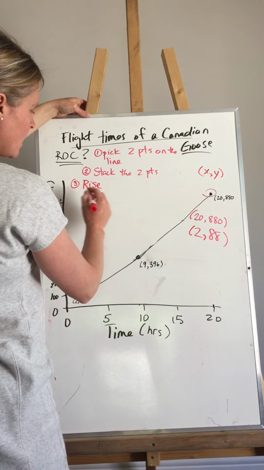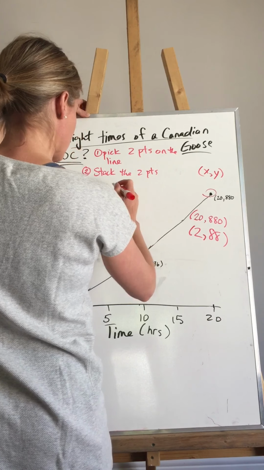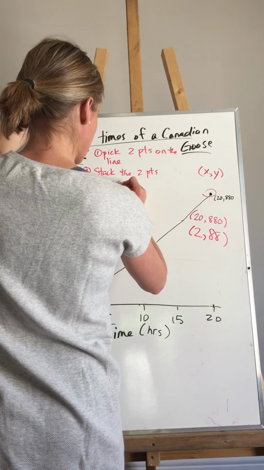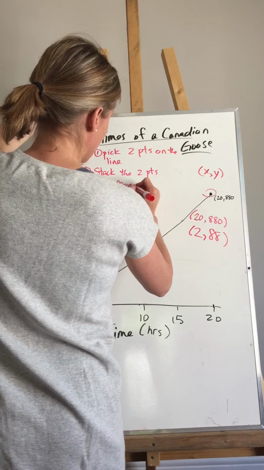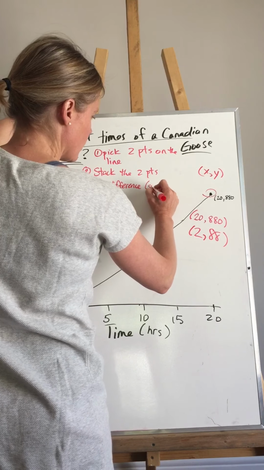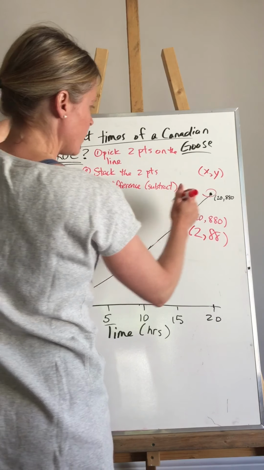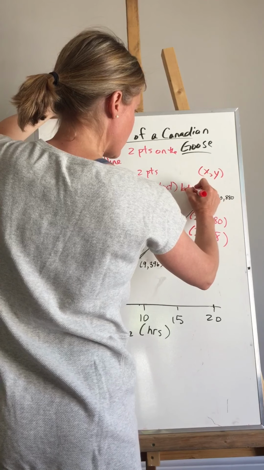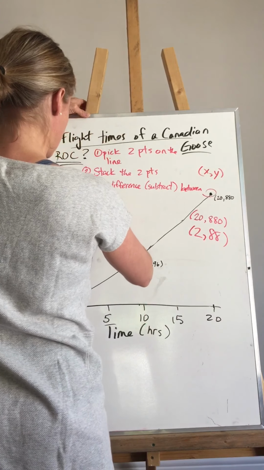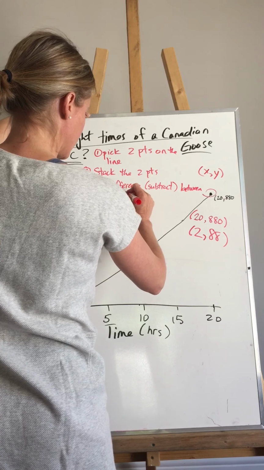Third step is you're going to calculate the rise. Okay, so the rise is equal to the difference. Okay, and remember when you calculate a difference, you are subtracting. Okay, so subtract. It's the difference between the two y coordinates.